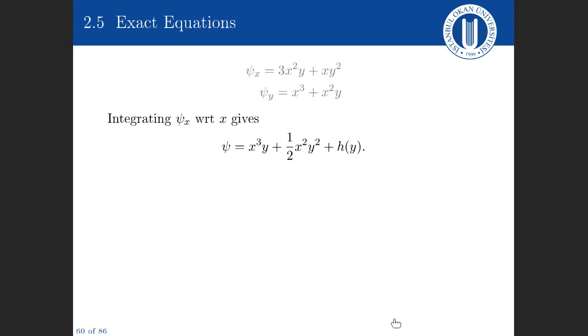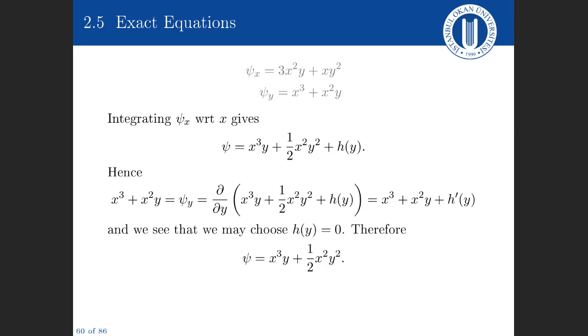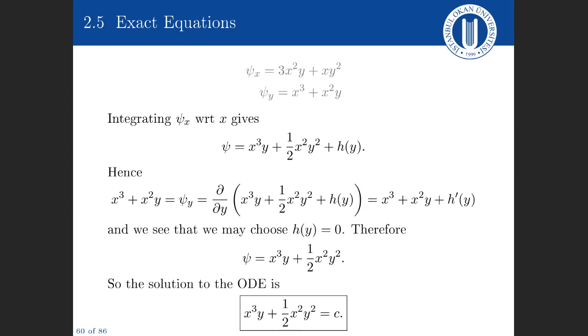Integrate the first one with respect to x, and then differentiate with respect to y, and compare it with the other equation that we started with. x³ on both sides, we can cancel those. x²y, x²y. We must have h' as 0, so we could choose h is 0. So now we know ψ, and as soon as we know ψ, we know the solution to the differential equation.